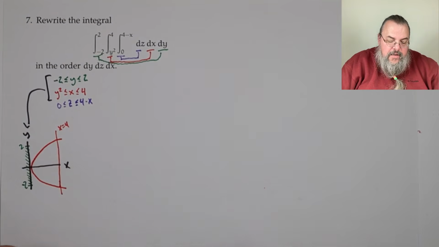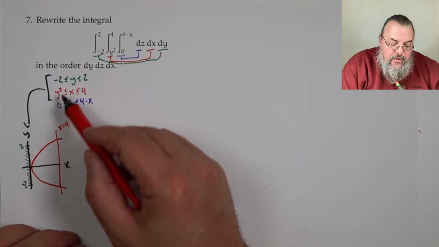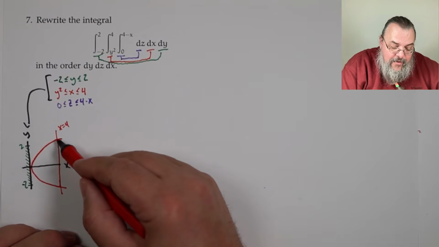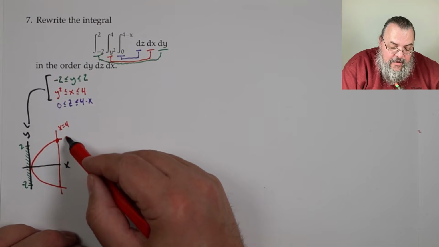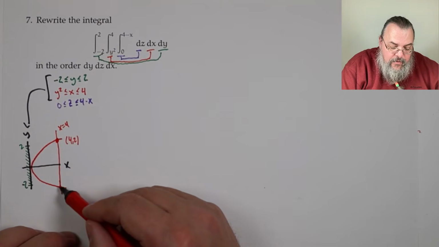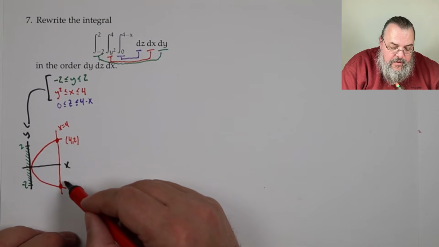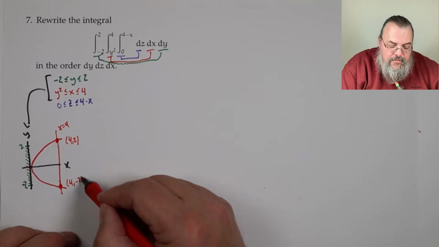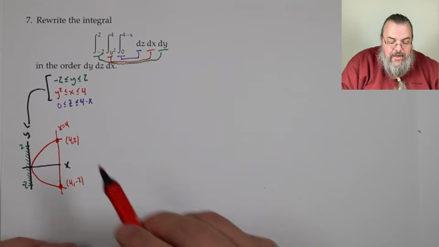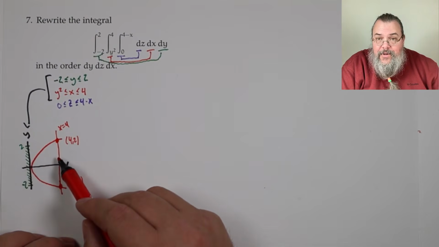And you might notice something very convenient. When y equals 2, 2 squared is 4. So this here is at the point 4 comma 2. And negative 2 squared is also 4. This point here is at the point 4 comma negative 2. Now, it says we go from y squared on the left to 4 on the right, right?